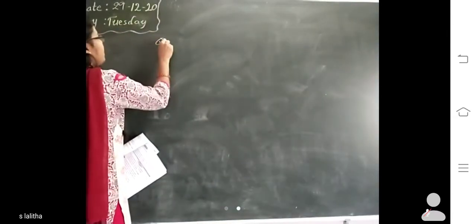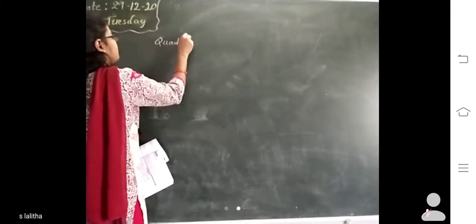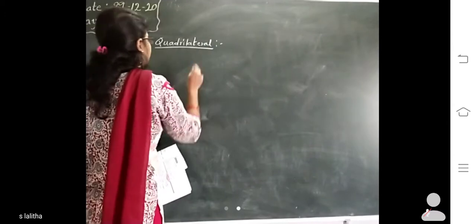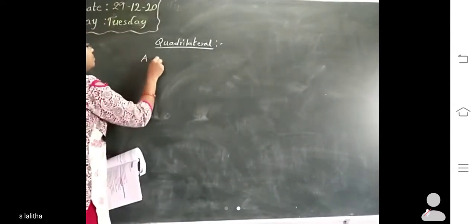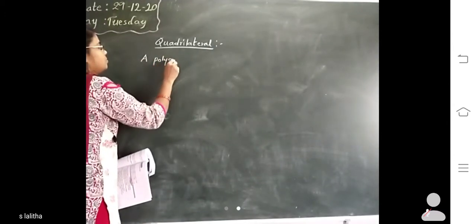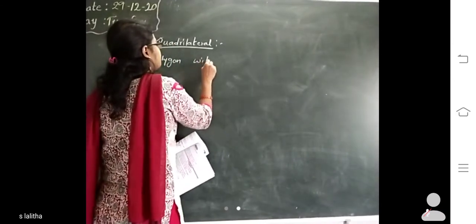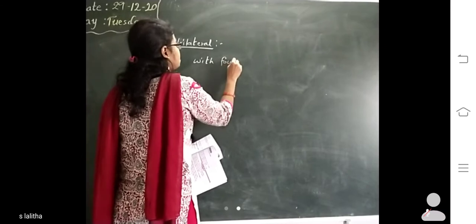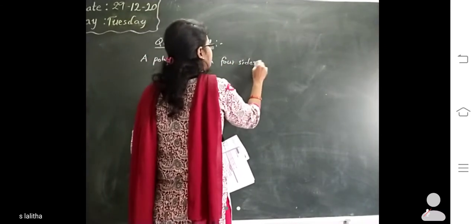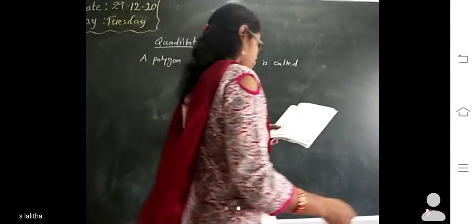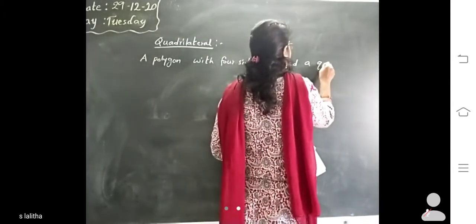So that is quadrilateral. A polygon with 4 sides is called a quadrilateral.